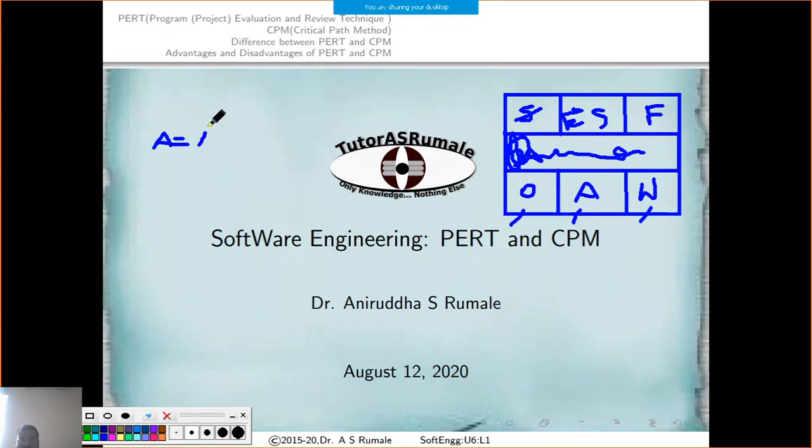Let's say A is a task for analysis. So when you say A, you are doing the analysis. Analysis started on, say, Thursday, 13 August 2020, and in 2 weeks you are going to finish it. So that is the duration required, and likewise.